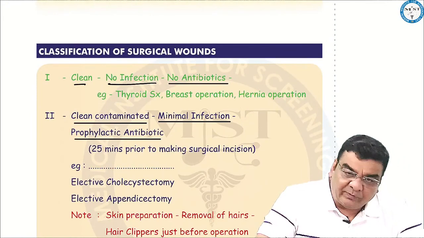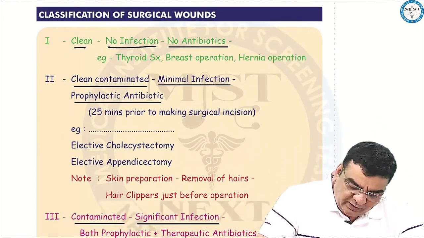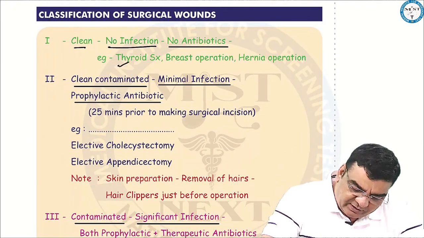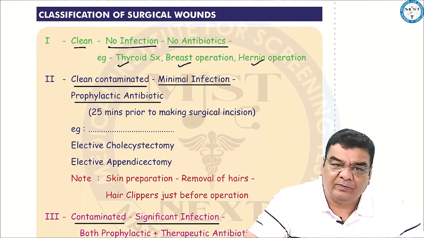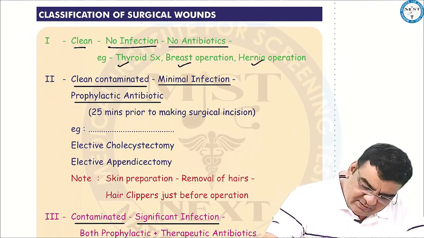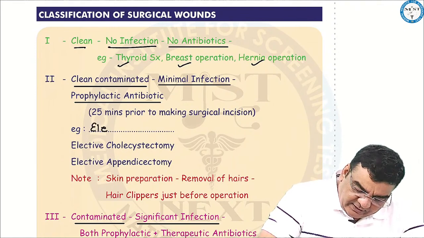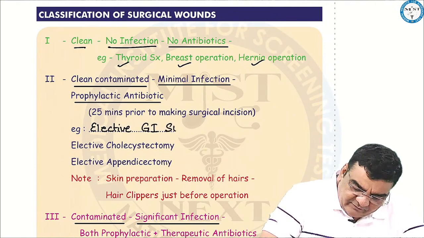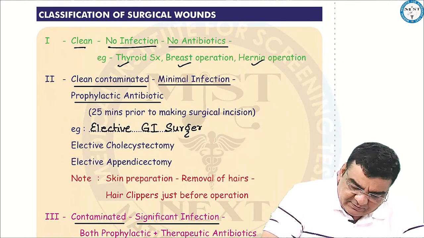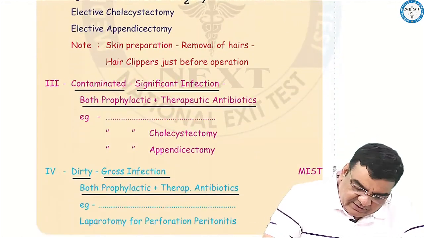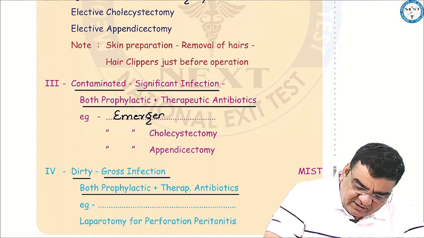The clean operations where there is no infection include thyroid, breast, hernia operations. The clean contaminated include elective GI surgery. And contaminated include emergency GI surgery.